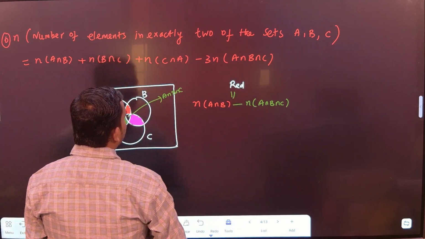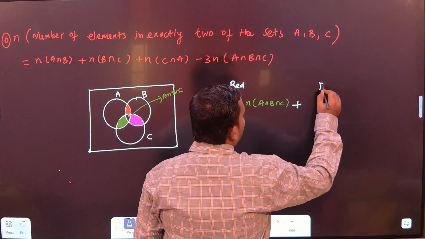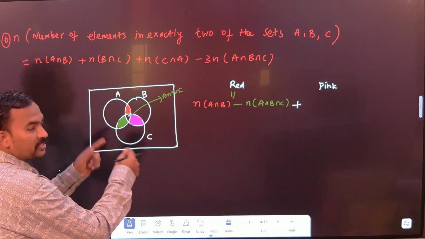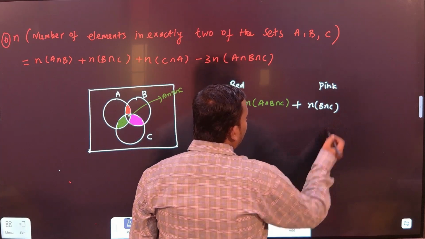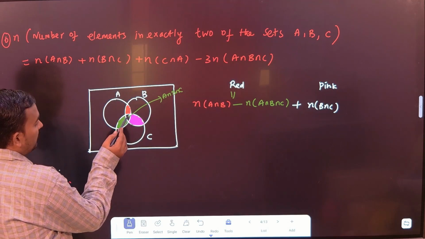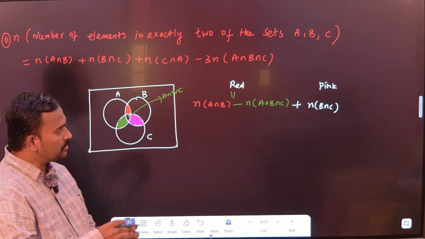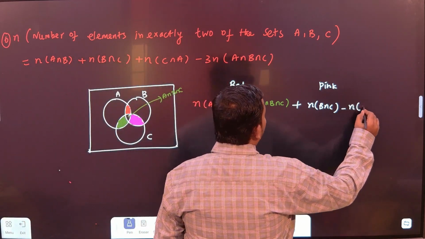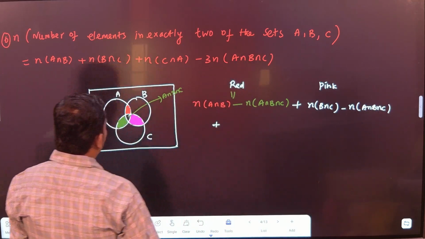Next, second one: add these two things. Pink color is required, so you take n of B intersection C. Again you are including A intersection B intersection C. You have to subtract that one because we need only pink color, so minus n of A intersection B intersection C. Plus green color.